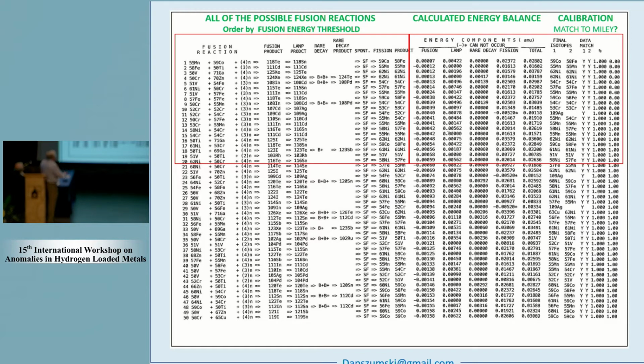So I've rearranged everything. I've taken 1,300 nuclear reactions that are possible in Miley's electrode and arranged them to reduce the dimensionality of this problem, to get it down to something sensible. And so maybe it's the first 100 or first 200 that I'll have to be concerned with. We'll take a look at these in more detail in just a second.